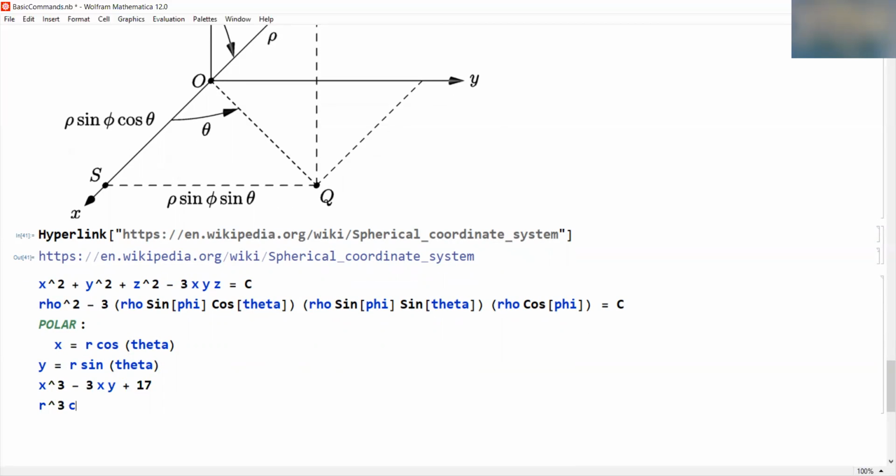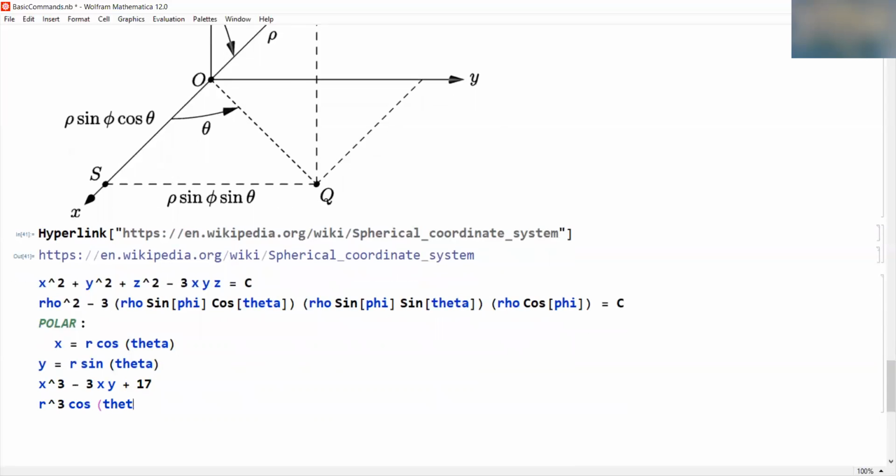That would just be r cubed cosine cubed theta, minus 3, well, xy, I get an r from each one of them, so r squared, and then cosine theta from the x and sine theta from the y, plus 17. If I wanted to, I might use angle identities and replace cosine theta sine theta with one half sine 2 theta to understand things a little more. But this is how you would do the substitutions.